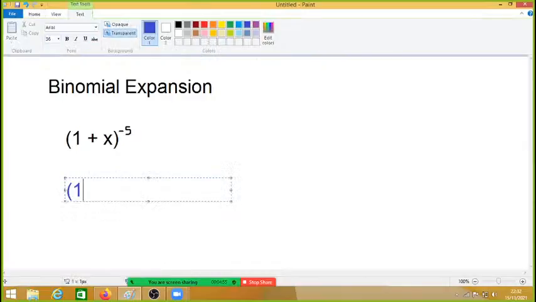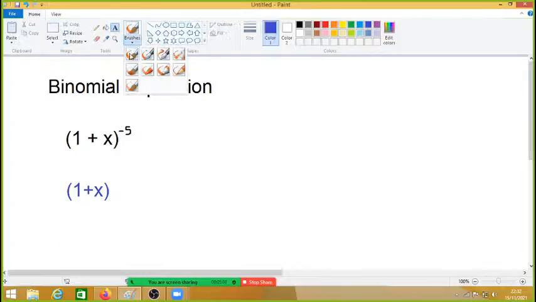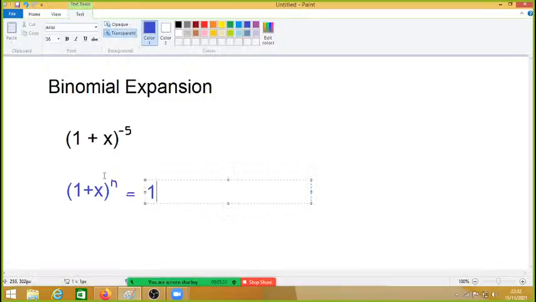The formula starts with 1 plus x to the power of n, where n is any number. So it can work for whole numbers, but we generally use it for negative powers or fractional powers. The expansion of this, 1 plus x to the power of n, will start as 1, which is great.